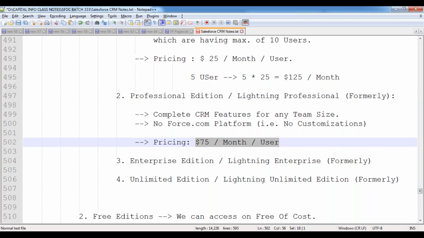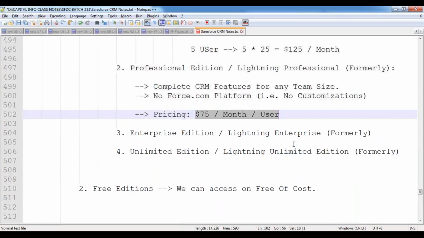Each month the user should pay that $75 to Salesforce. In order to renew, we have to pay that $75 every month, and then automatically your license will be extended so that we can access the application for one more month. If you want, you can also pay for 1 year at one shot. That facility is available.